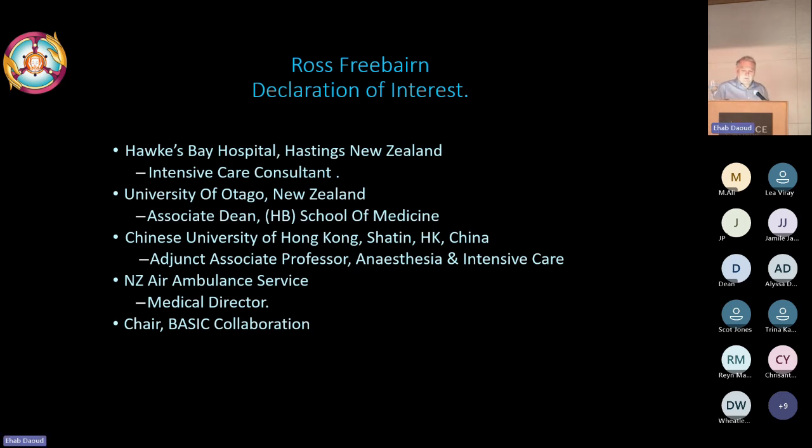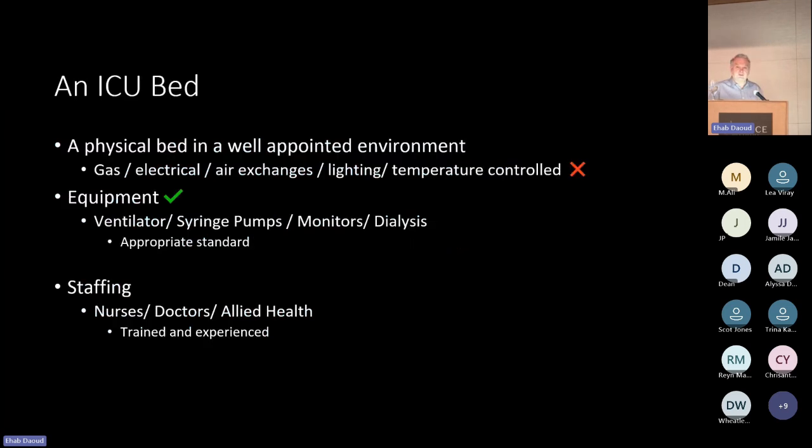And you had to have equipment that went with that, which was a ventilator, syringe pumps, monitors, and dialysis machines set to appropriate standard. But the thing he didn't understand, and many people don't understand, is that it's the staffing that's important. These are nurses and doctors and other allied health professionals who are both trained and experienced in ICU. And that's what I'm going to talk about now.